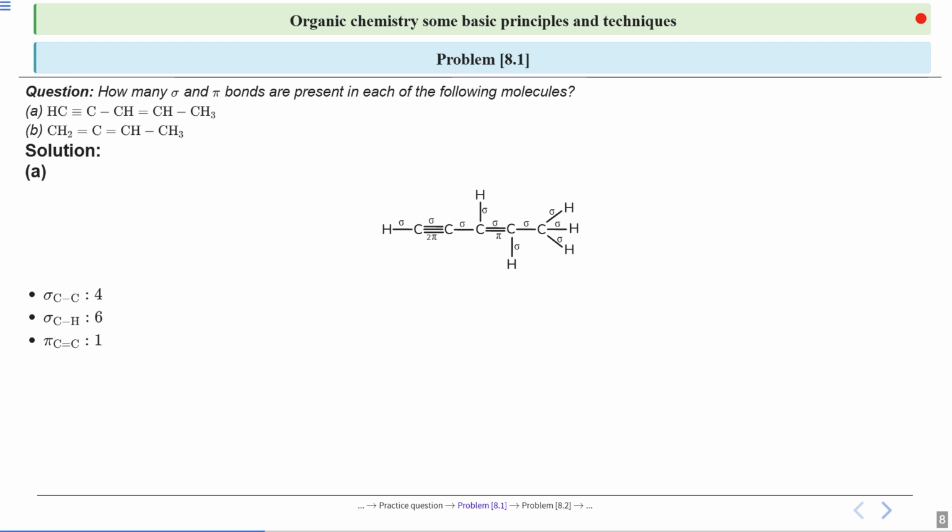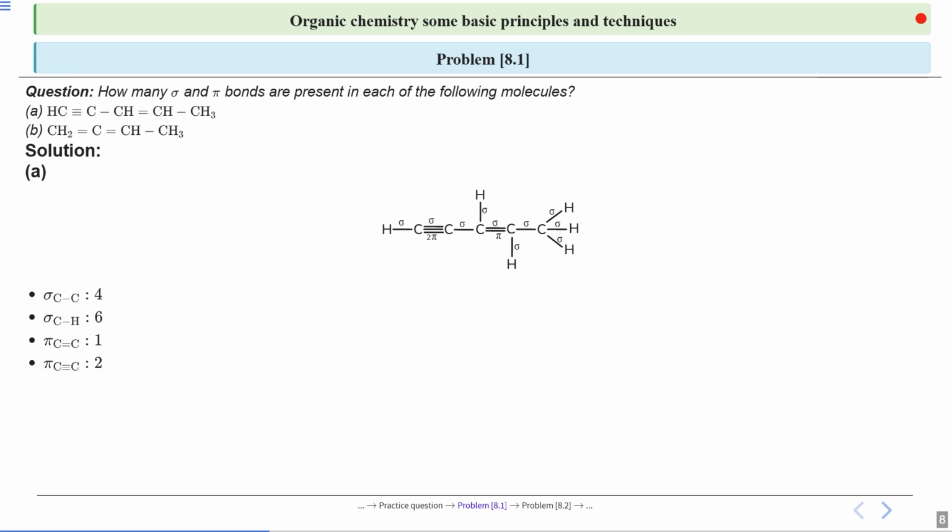What about pi bonds? Pi bonds are only available in places where we have multiple bonding. So we have a triple bond and a double bond. The triple bond contributes 2 pi bonds and 1 sigma bond, so 2 pi bonds from there. The double bond contributes 1 sigma and 1 pi. So that is a total of 3 pi bonds in the given compound between carbon and carbon.